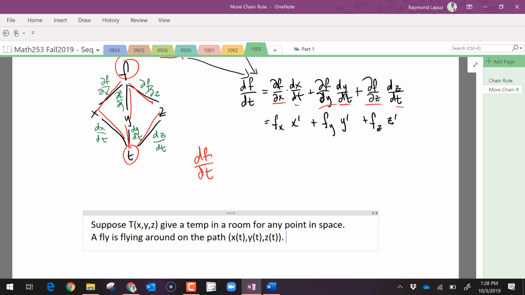At t equals t naught, at some value, we can find the rate of change of temperature that the fly is going to feel as it moves from that point and keeps going along its path.